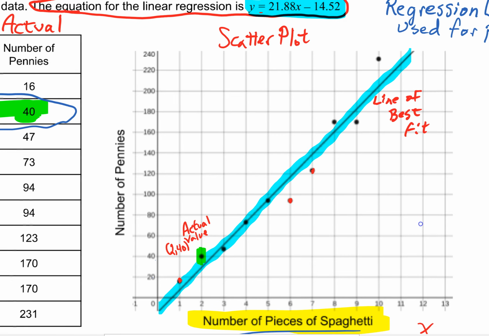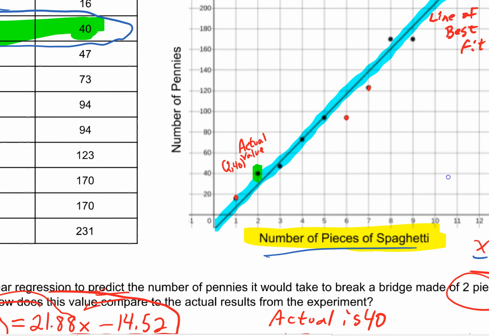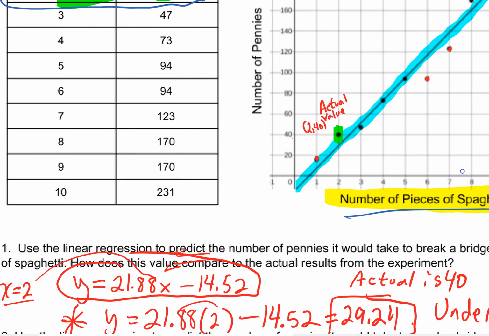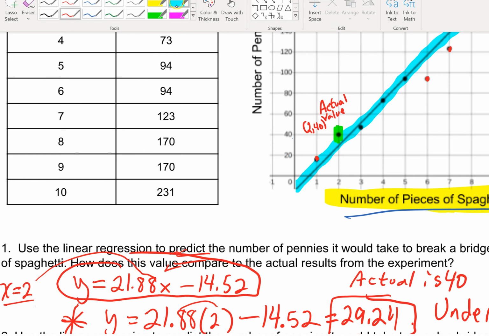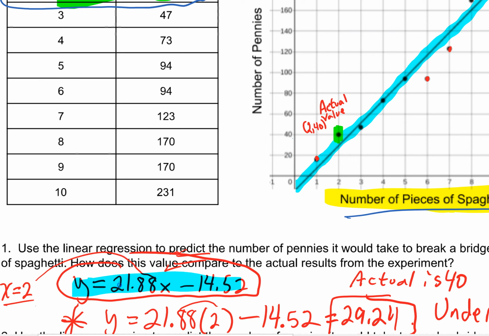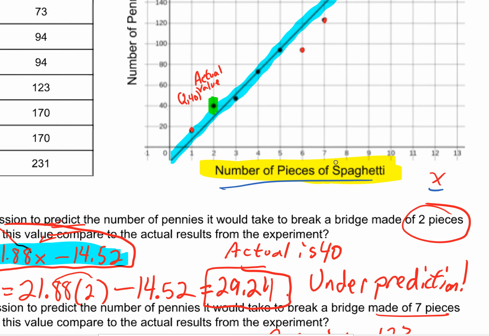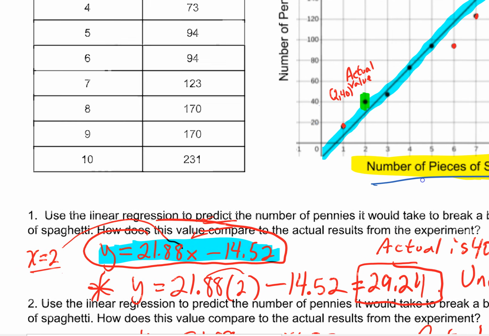And here's where I really want us to remember what we did in 9.5. In 9.5, we had our first problem. It says use the linear regression equation that we have, and you can see it's right here, y equals 21.88x minus 14.52. Use that to predict the number of pennies it would take to break a bridge made of 2 pieces of spaghetti.